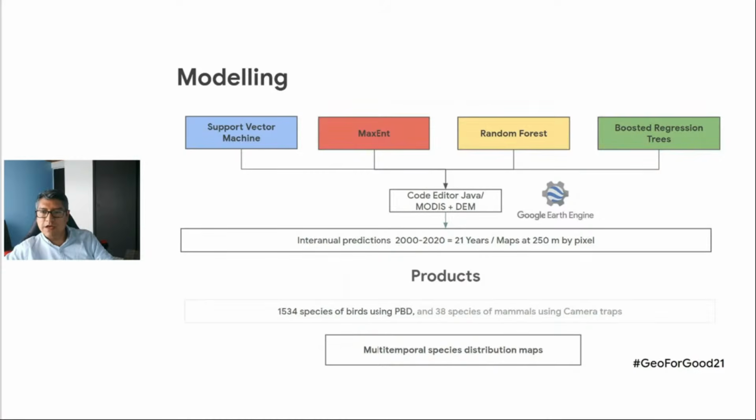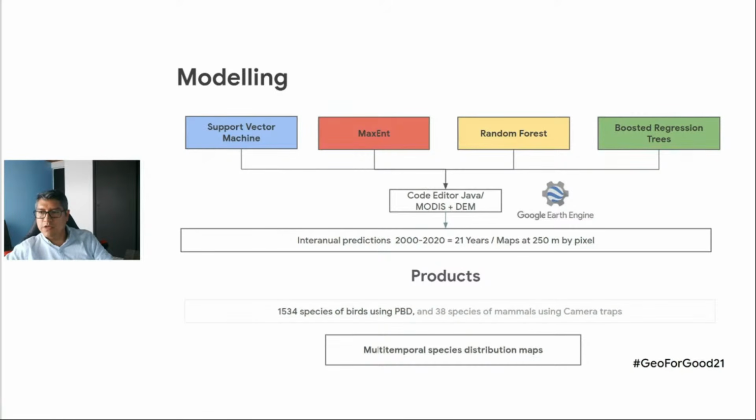The integration of data and techniques is implemented in Google Earth Engine. We are running 4 machine learning algorithms, support vector machines, MaxEnt from Phillips, random forest, and boosted regression trees, through the code editor in Google Earth Engine.